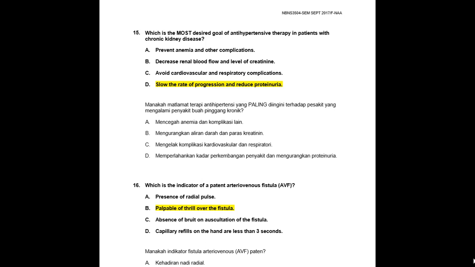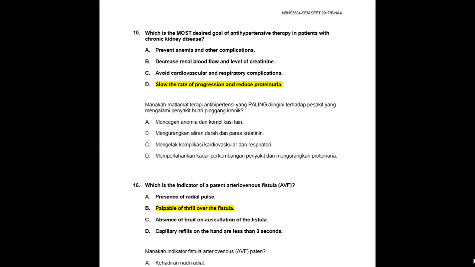Actually, we should not reduce the renal blood flow, so it can aggravate the kidney failure. So answer B is also wrong. Then answer C, avoid cardiovascular and respiratory complications by reducing the blood pressure. Although you can avoid cardiovascular complications, you cannot avoid respiratory complications.